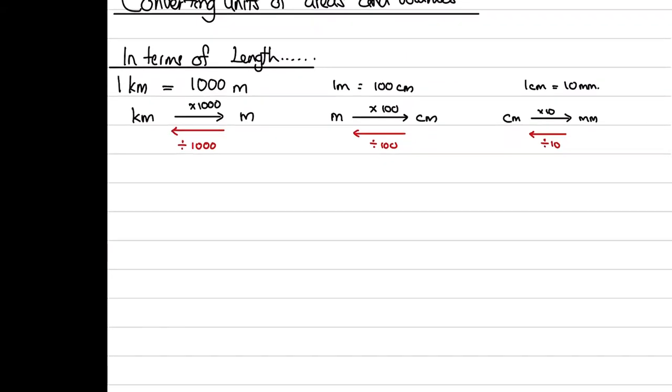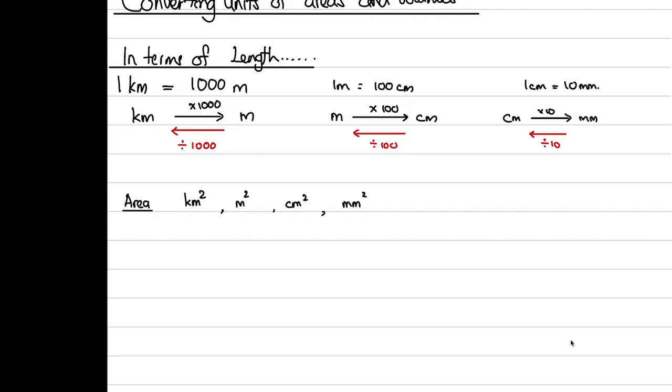When we have an area, it is normally represented as square kilometers, square meters, square centimeters, or square millimeters. So when we have all of this, that's how we look at our area. That is a measurement for area.